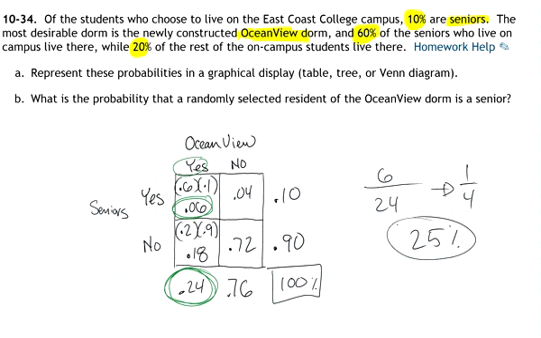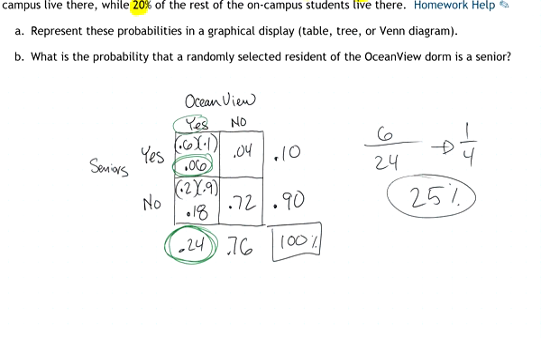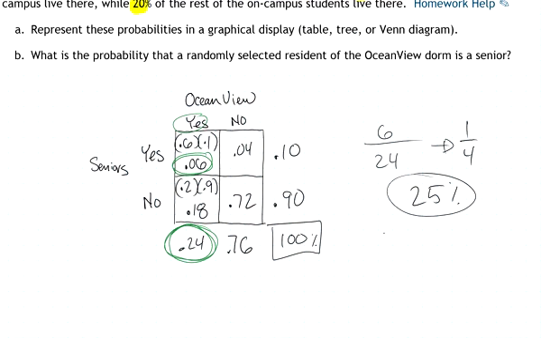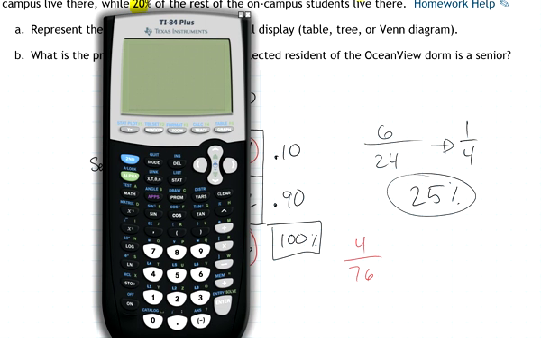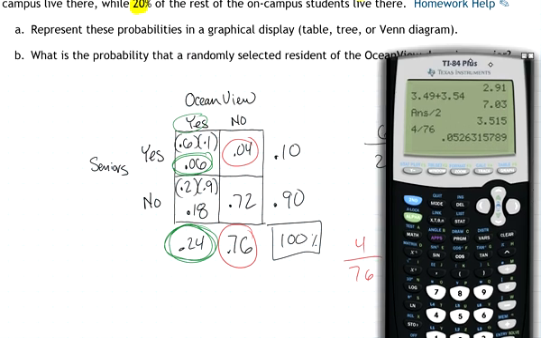And if I look at what's the probability that a senior lives in one of the other places, that's significantly smaller. It's not a question here, but notice that would be just 4% of this. So I could do 4 out of 76, and that's about only 5%.